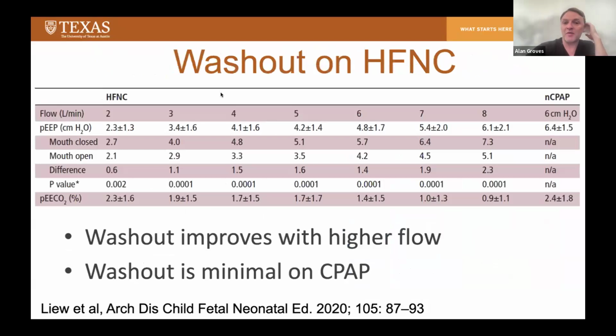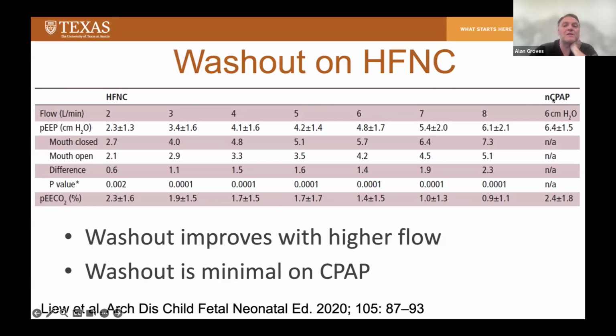This table is going to come up a couple of times, but for now, I just want you to focus on this bottom line here, which is the percentage CO2 at end expiration. So on a high flow of 2 liters, the CO2 is about 2.3%, and it gets washed out all the way down to 0.9% the more high flow rate you put on.